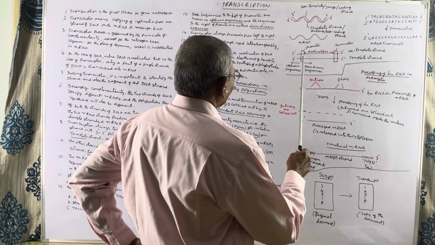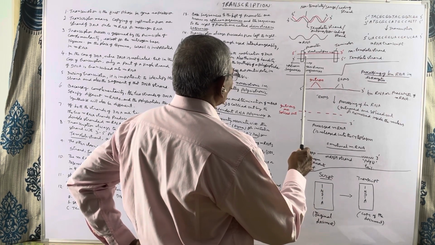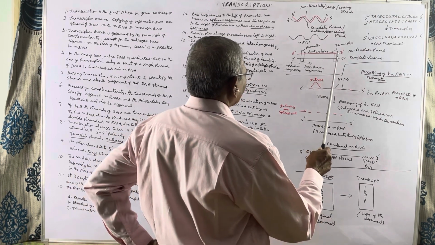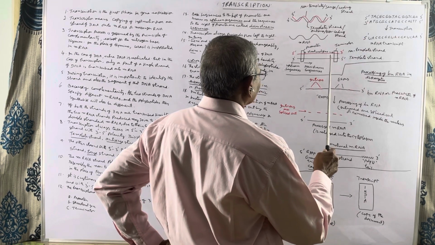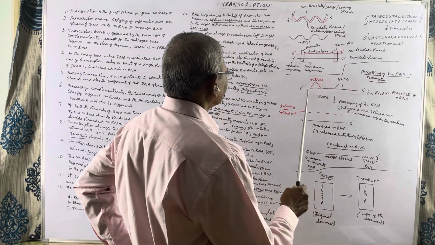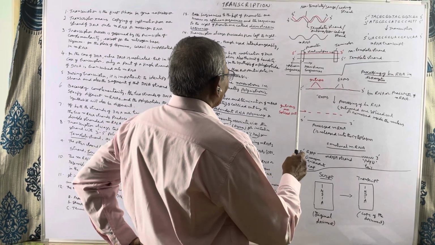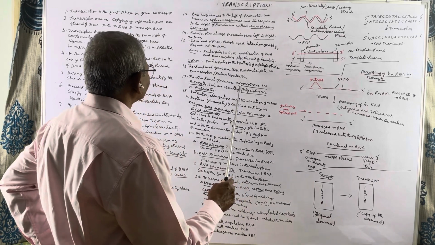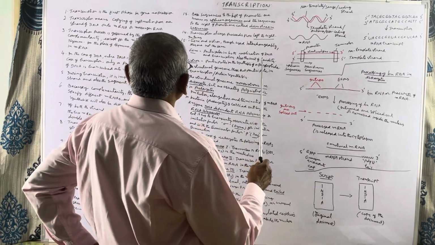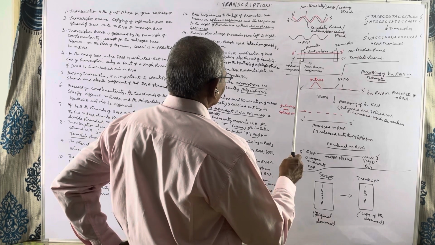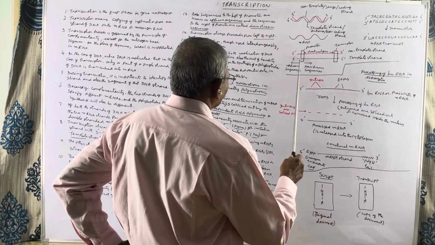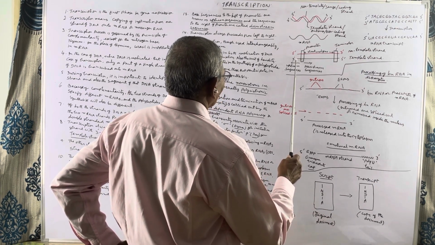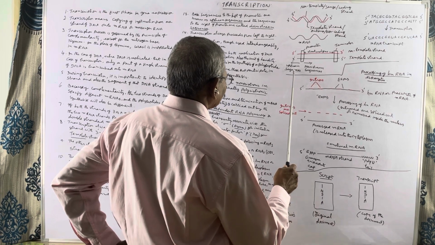The promoter is always towards the left of the structural gene. Terminator is always towards the right of the structural gene. Then, the nitrogen base sequence present ahead of the promoter is known as upstream sequences.